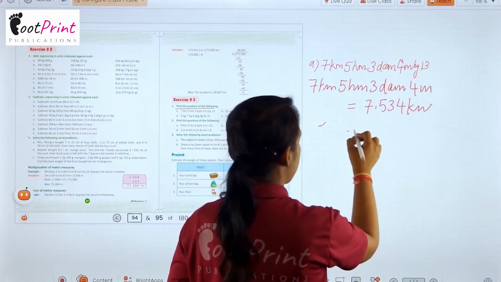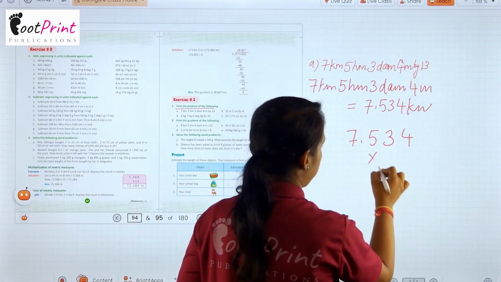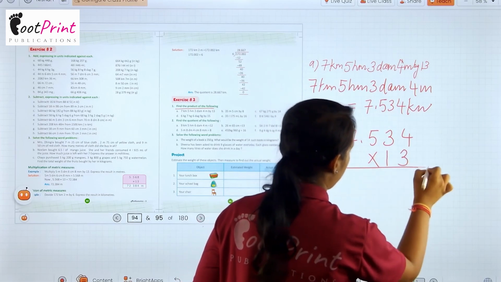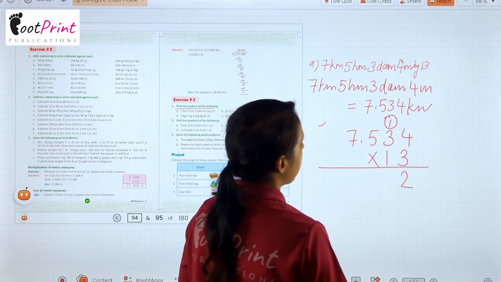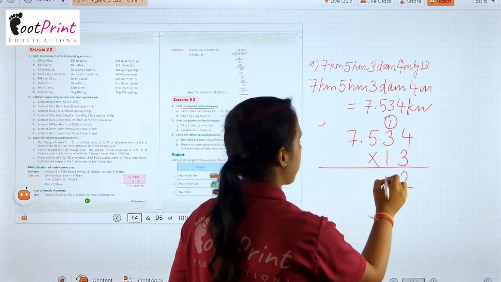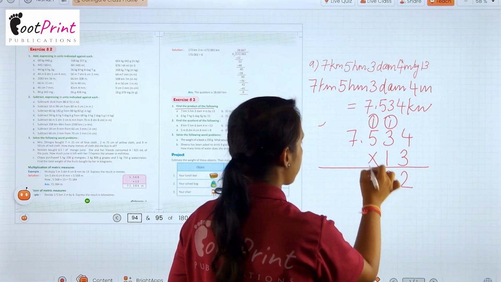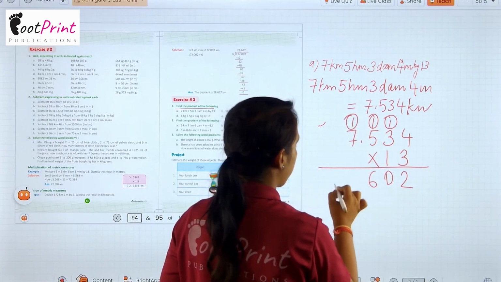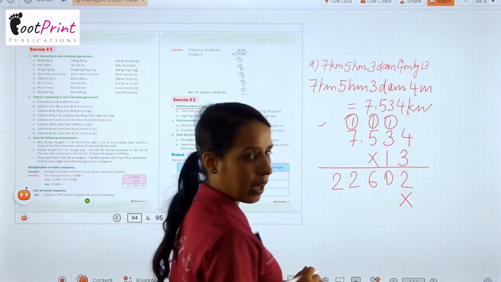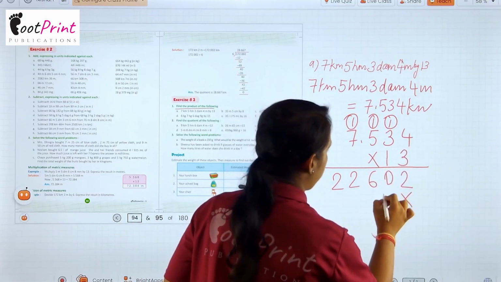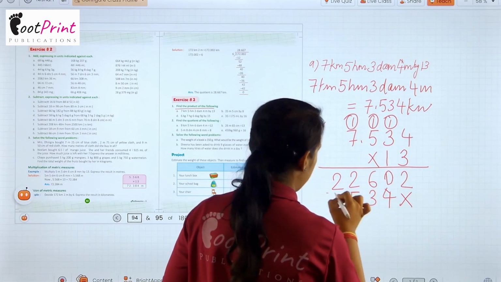Okay, now we will multiply it by 13. So here 7.534 multiply it by 13. Okay, so here 3 4s are 12, 1 is carry here, 3 3s are 9 and 1 10, 1 is carry here, 3 5s are 15 and 1 16, 3 7s are 21 and 1 22. Now we have to multiply by 1. So we get 1 4s are 4, 1 3s are 3, 1 5s are 5 and 1 7s are 7.